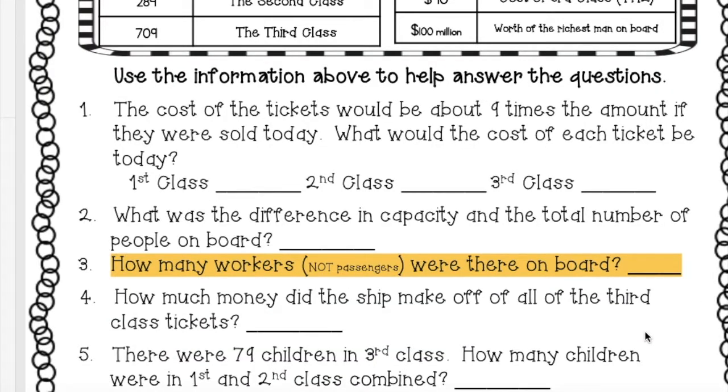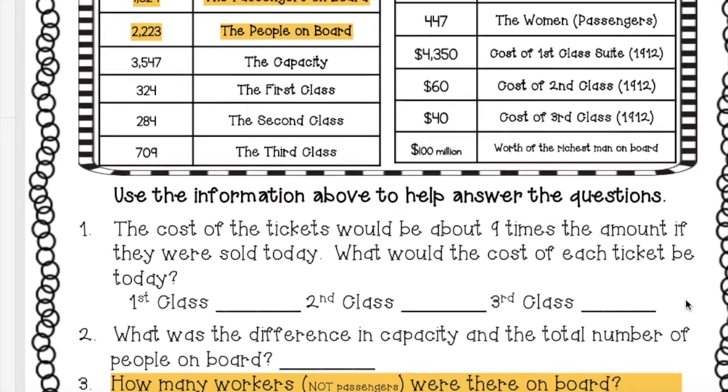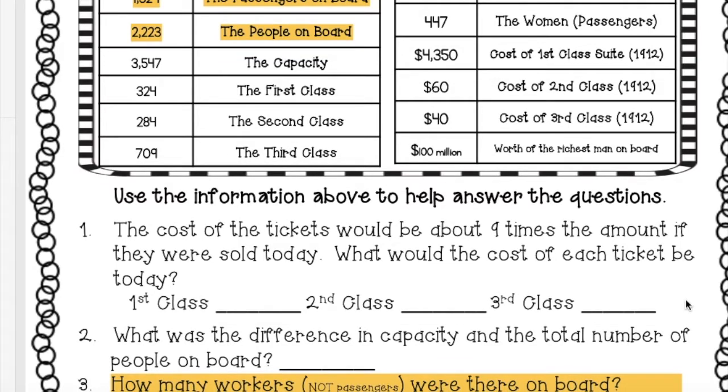Number 3, how many workers, not passengers, were there on board? Okay, so for this one, we're going to have to take a look at our data. And I have it highlighted already above. So the total people on board, there were 2,223 people in total on board of the Titanic. But only 1,324 of those people were passengers.